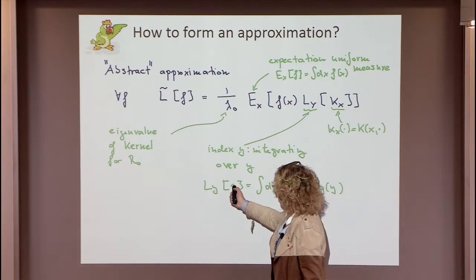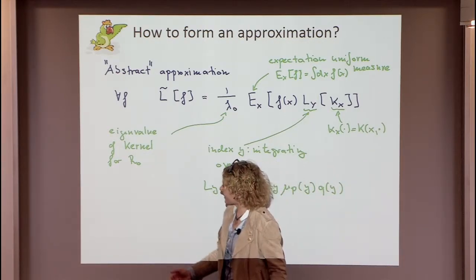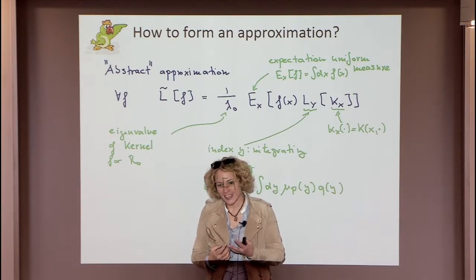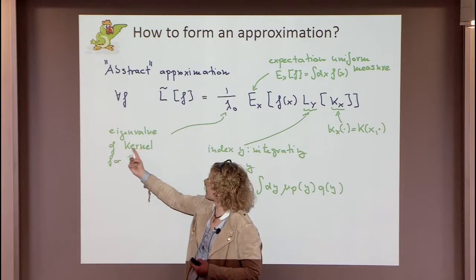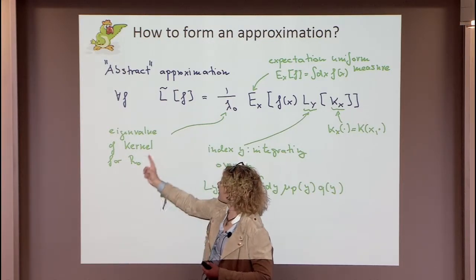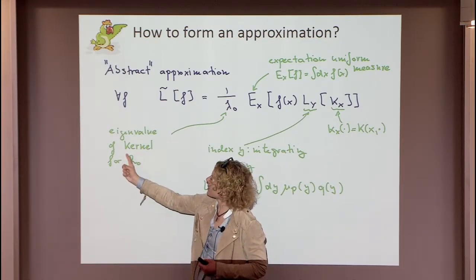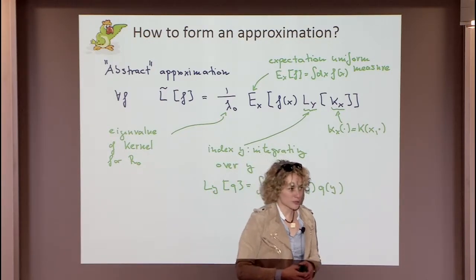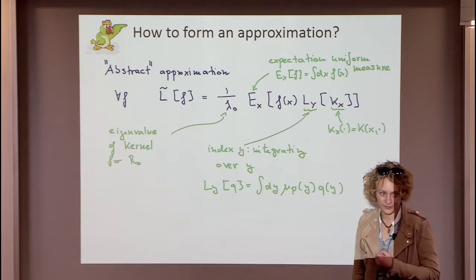And what is this 1 over lambda 0? This is the first time that the eigenvalues of the kernel sneak in. This here is the eigenvalue lambda 0 of this kernel, the eigenvalue that goes with the lowest space, R0. Remember that this corresponds to the space of constant functions.